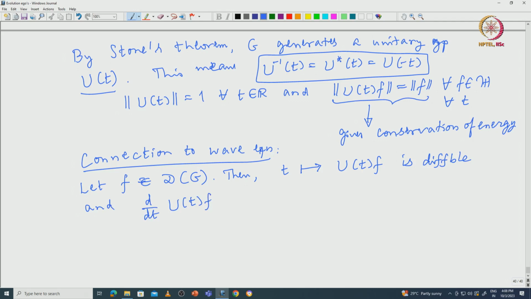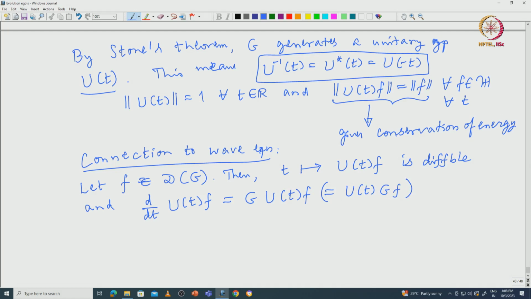As of now we know only the existence of this unitary group, but we do not know what this UTF is in terms of F. Okay, so that is not clear. But when we restrict F to a certain subspace, namely the domain of the generator, then we have this UTF.